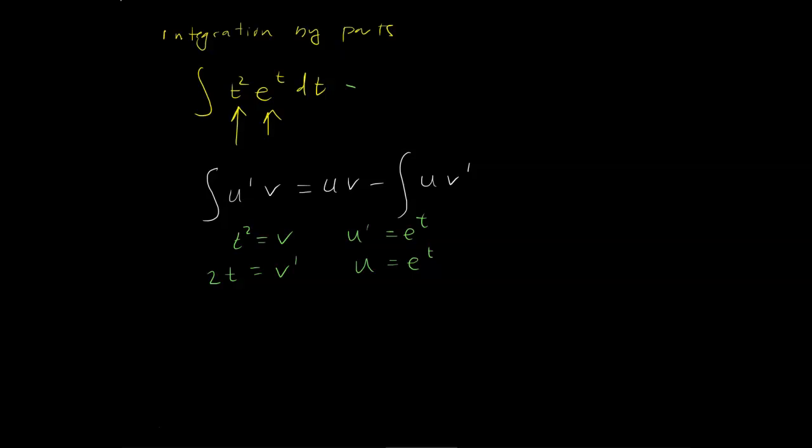So if I use this formula, I guess I wrote it as vu prime, but that's okay, because multiplication is commutative. So this would be the v times the u, so t squared e to the t, minus the integral of e to the t times 2t.